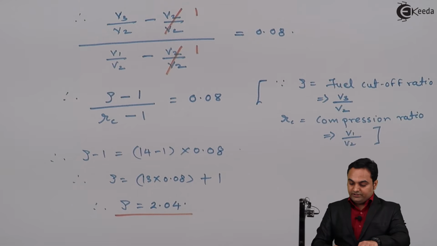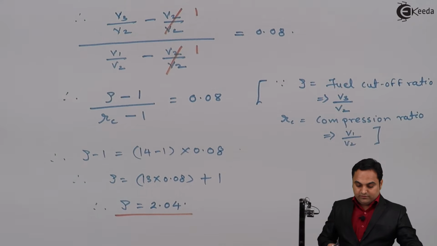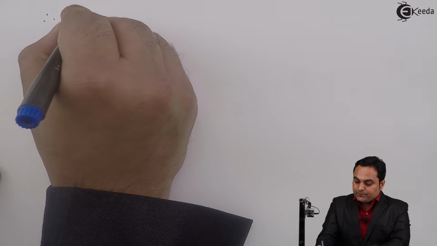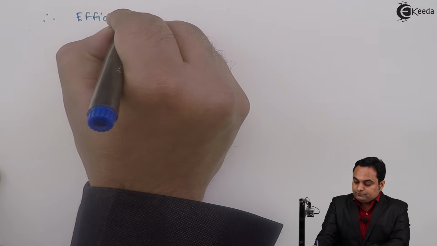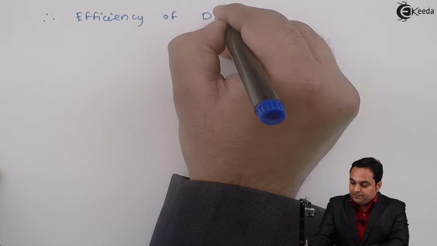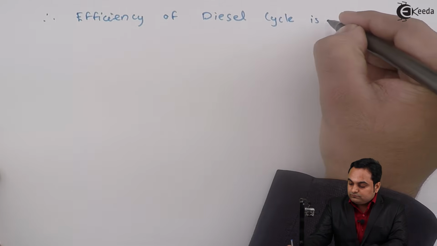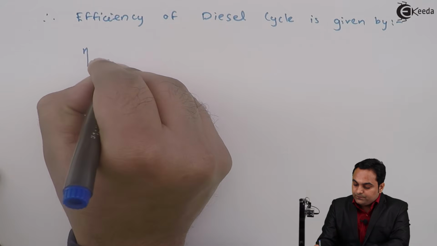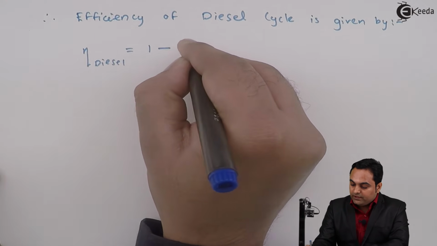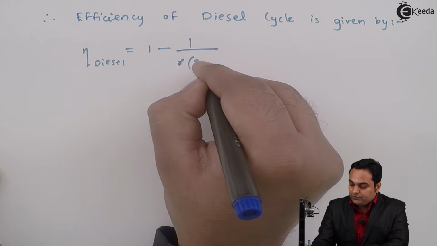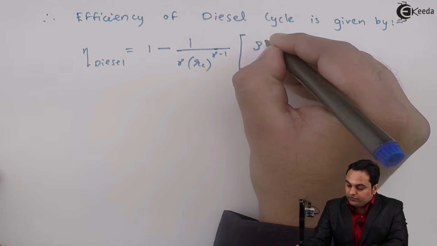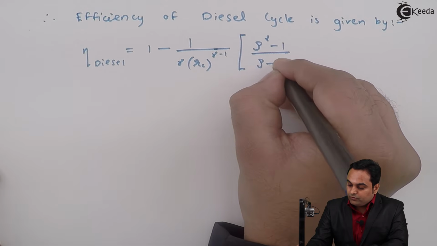Now after getting the value of rho, next thing would be I'll calculate the efficiency of diesel cycle like I have in the first case. So therefore efficiency of diesel cycle is given by, the formula was efficiency of diesel cycle is equal to 1 minus 1 upon gamma into bracket RC raised to gamma minus 1 into bracket rho raised to gamma minus 1 upon rho minus 1.